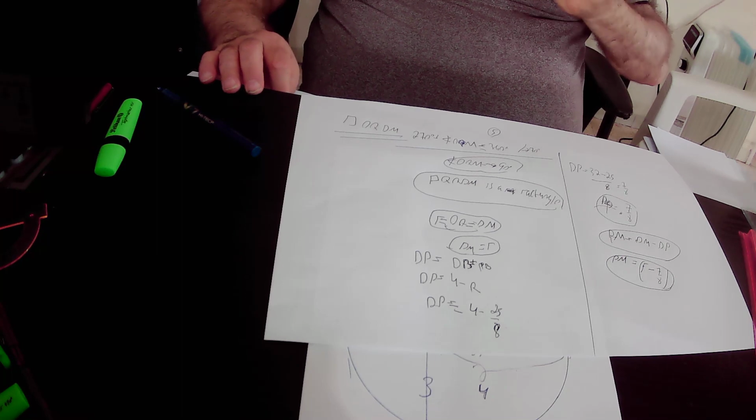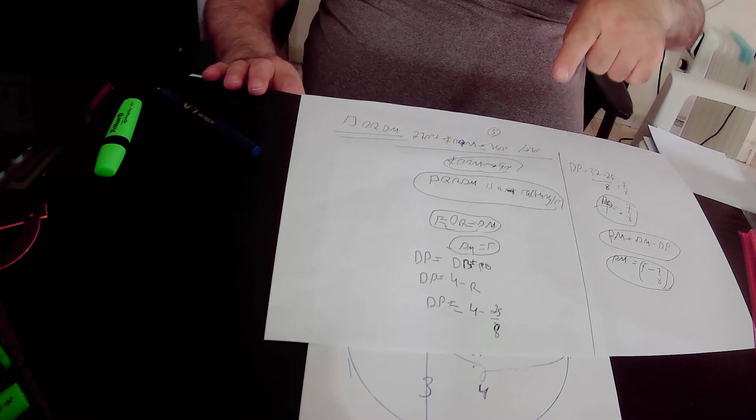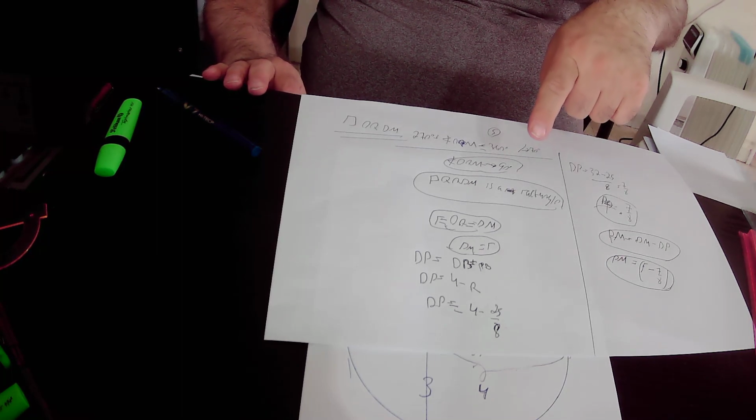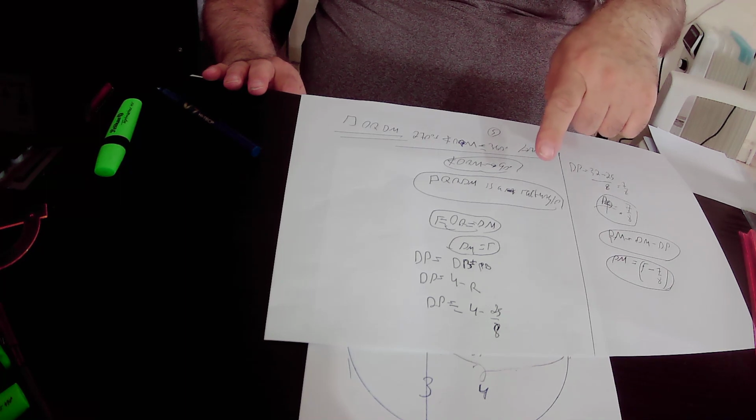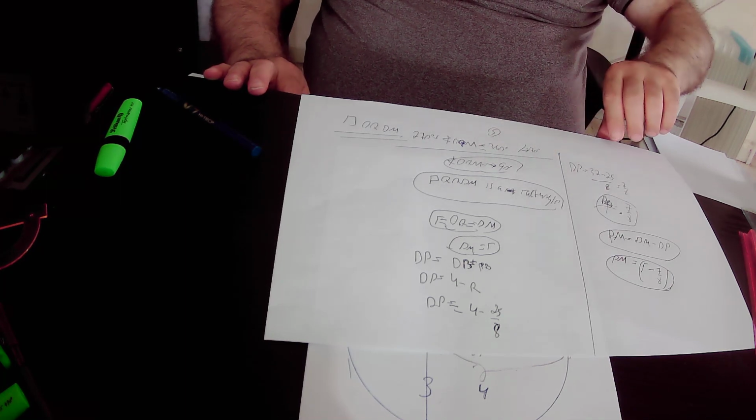But we already found that R equals 25 over 8, so we can substitute R by 25 over 8, and we get that DP equals 4 minus 25 over 8.